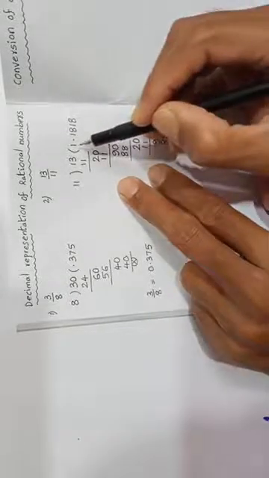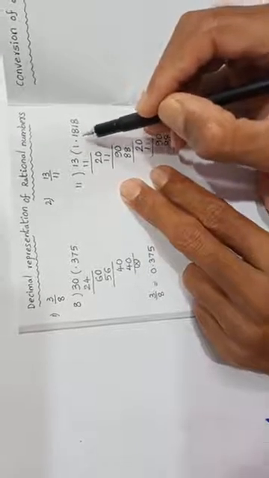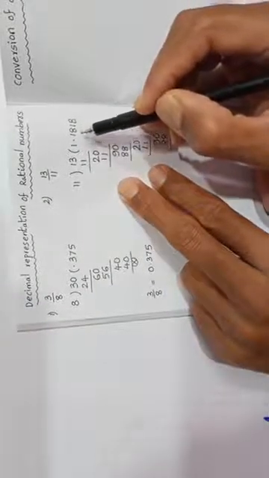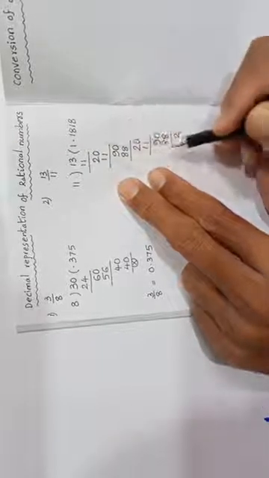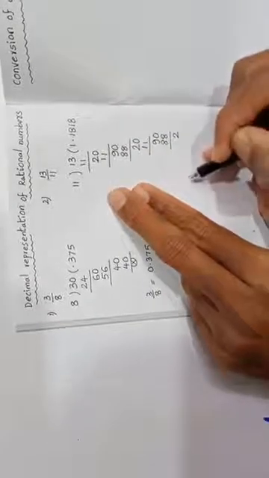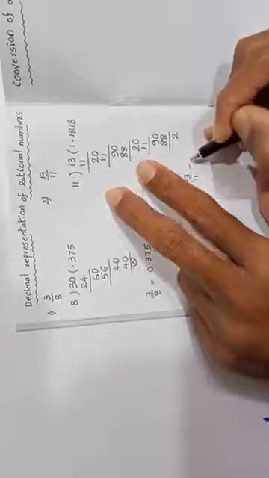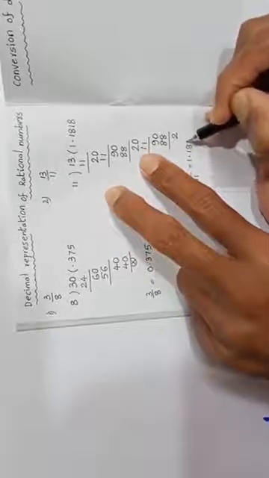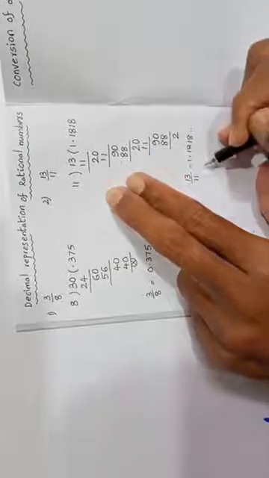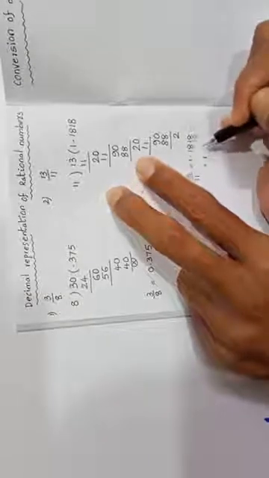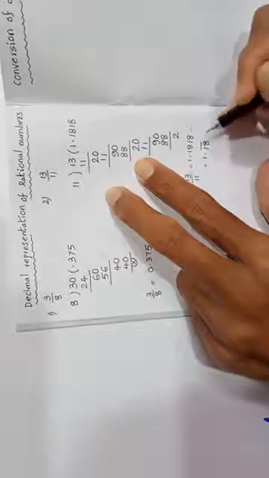So here the quotient, observe, is 1.1818. Again we get 18, which means the numbers are repeating. Numbers repeating means we call it recurring: non-terminating and recurring decimals. So 13 by 11 equals 1.1818 and so on, where 18 is repeating. 18 is repeating means we write 18 with a bar.